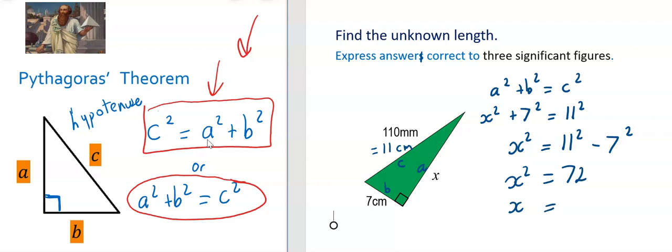The opposite of squaring is square root. Put that in your calculator, square root 72, and I am getting x, to 3 significant figures, as 8.49 units, centimeters, and that was 3 SF.